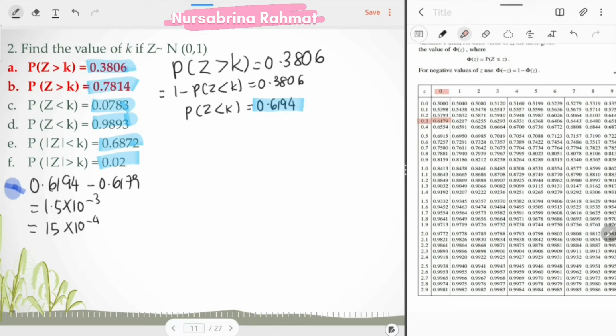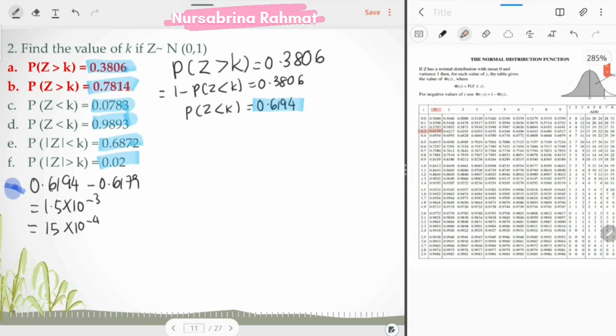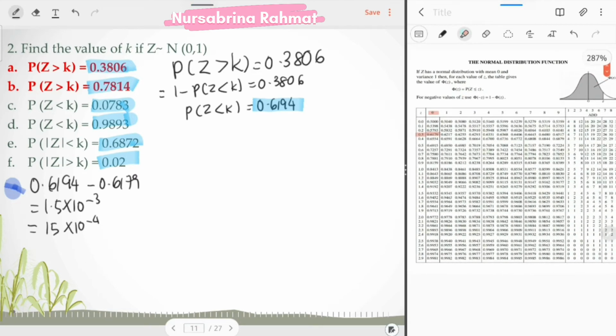So we go across the row of z-score 0.3 and find where the value 15 is on the small table on the right. So 15 is here, for number 4. Therefore, k is equal to 0.304.